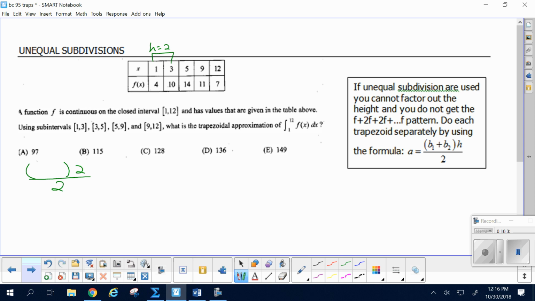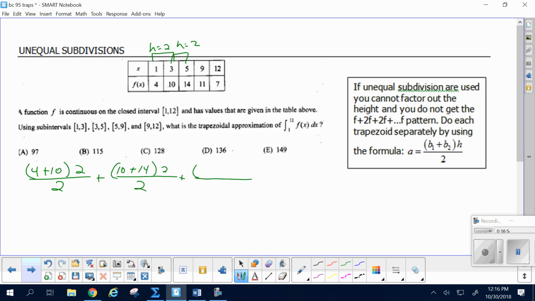So what are the bases here? 4 and 10, okay? The next trapezoid then is a height of 2 again, divided by 2, and this time the bases are 10 and 14, yeah?